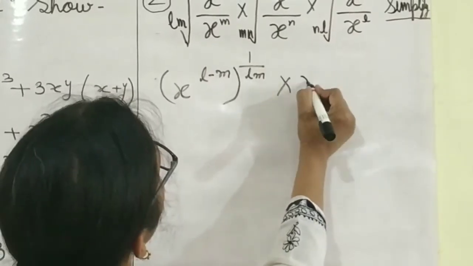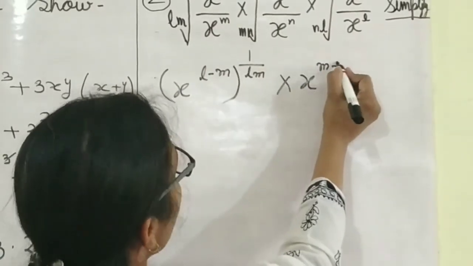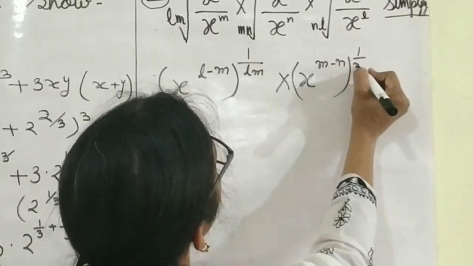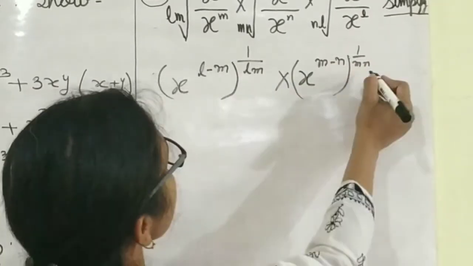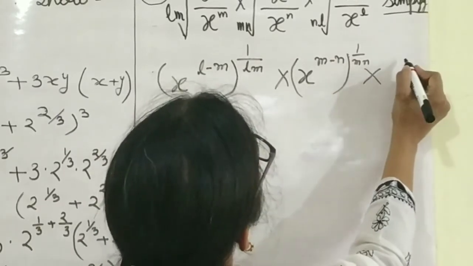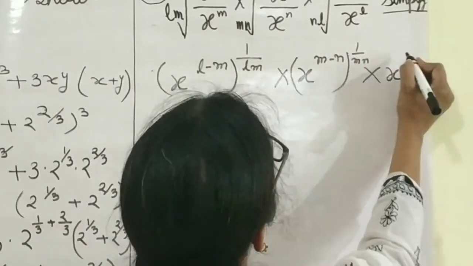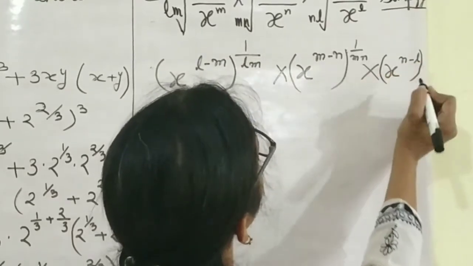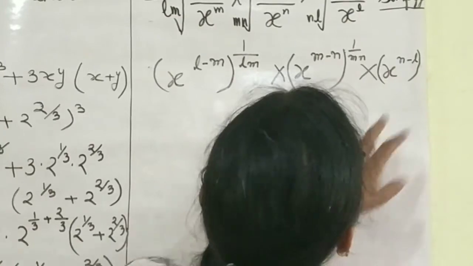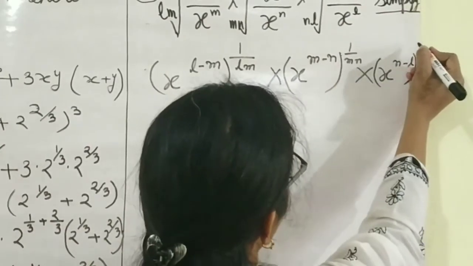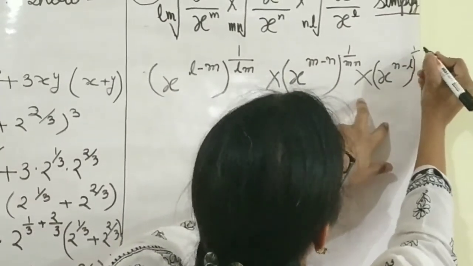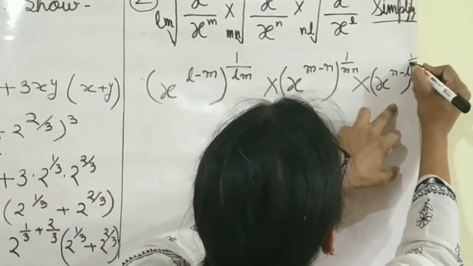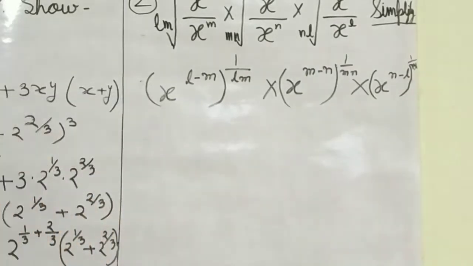Into x power (m minus n), bracket close, 1 upon mn, into x power (n minus l) divided by x power l, 1 upon nl.